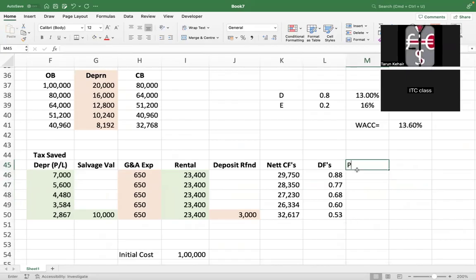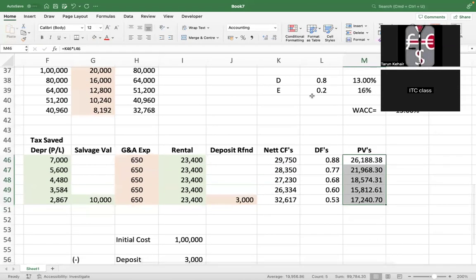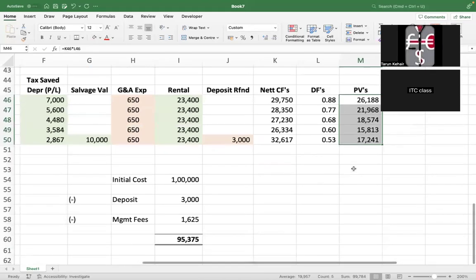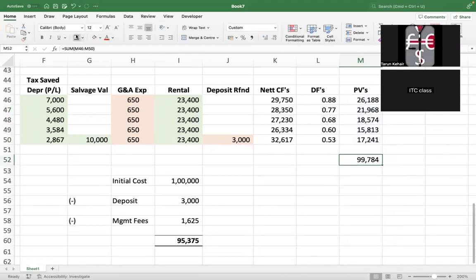Now multiply your cash flows with the discounting factors to get your present values. And उसके बाद आपको क्या करना है? Simply add करना है. That's it. So what do you get? Summation of this will give you your total cash inflows, which is 99,784.